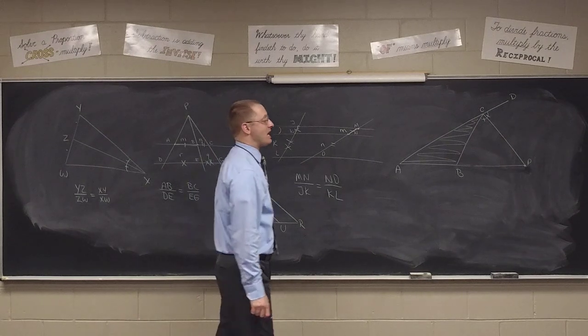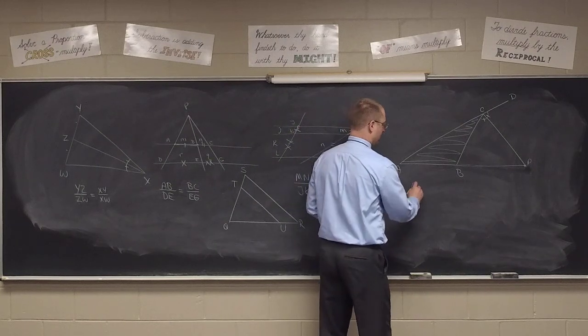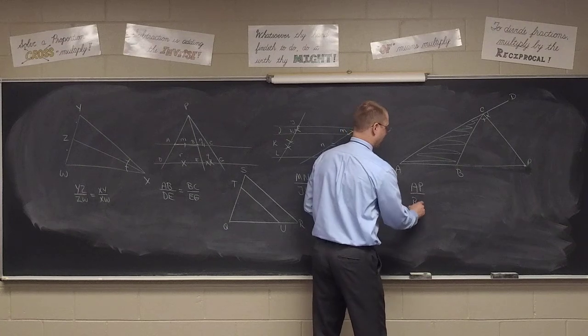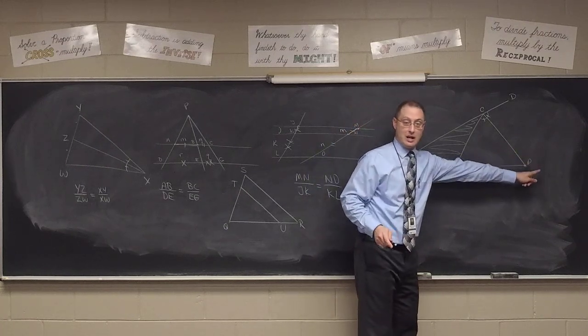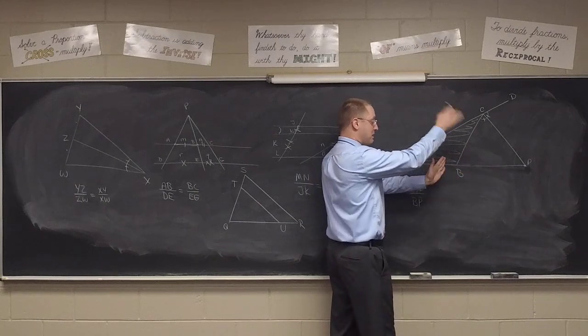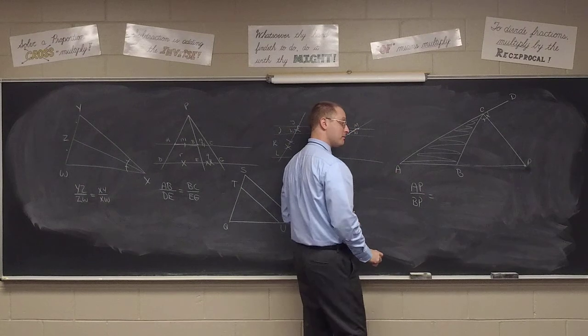AB. And AB got divided into what two parts? AP and BP. There we go. It's externally divided out here at P, but AB is the side that got divided into two parts. AP and BP are your two parts. So AP is to BP, segment is to segment as side is to side.